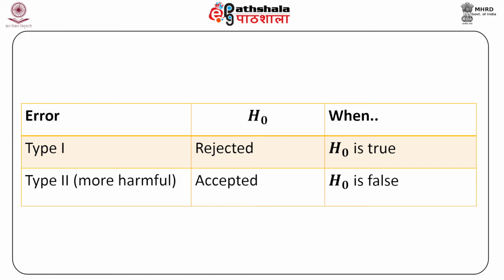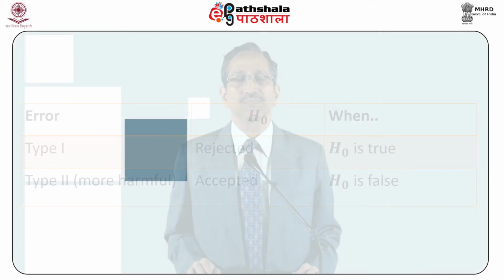So, you look at this and you can see what is type 1 error and what is type 2 error. Now, the power of a test can be calculated by subtracting the probability of type 2 error from 1, which means it is 1 minus type 2 error. And the maximum possible power can be equal to 1 if there is no type 2 error.